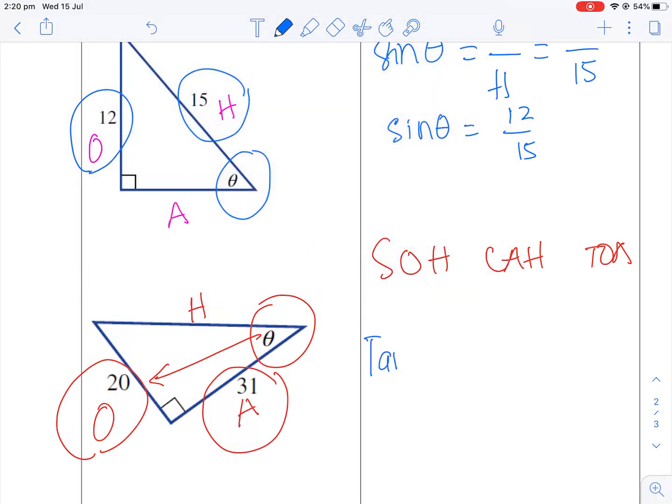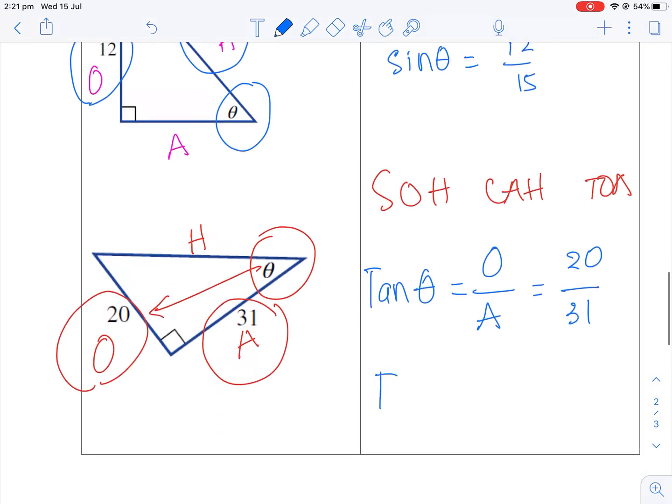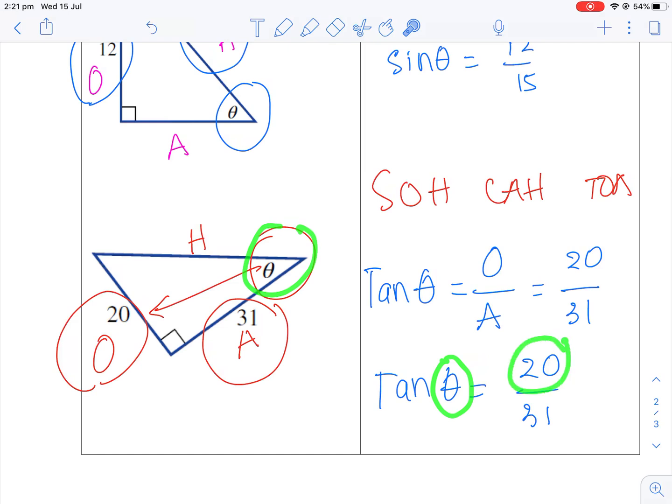Tan theta equals opposite divided by adjacent, where opposite is 20 and adjacent is 31. Tan theta equals 20 divided by 31. See? So we have the relationship between theta, 20, and 31. Done.